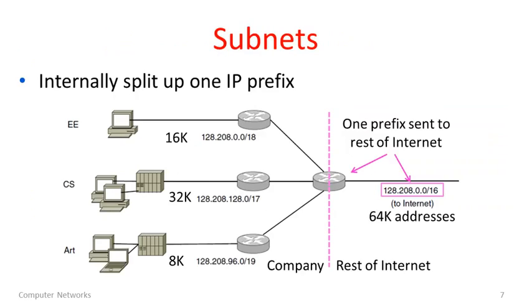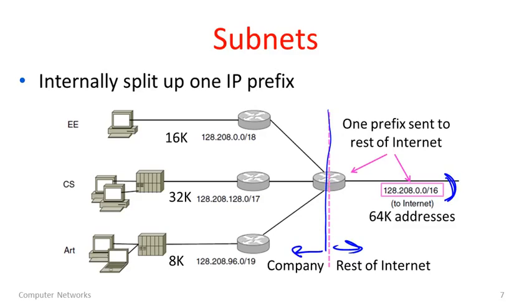Let's see an example of how this would work. Here, maybe this is a company. You can see the line is dividing it. The company is to this side, and here's the rest of the internet. From the ISP, the company has acquired this IP prefix for all of its computers, 128.208.0.0/16.